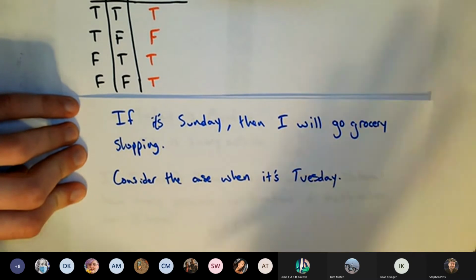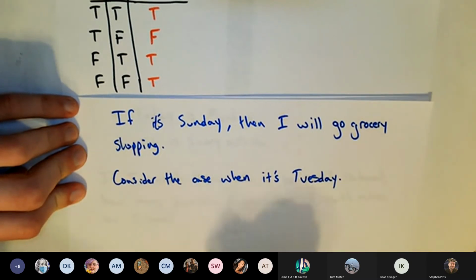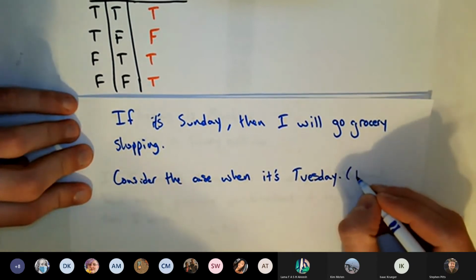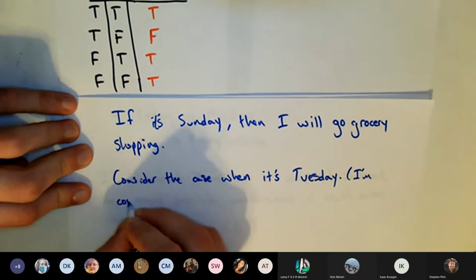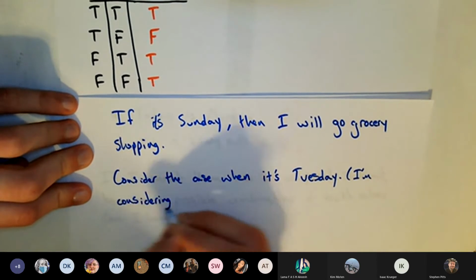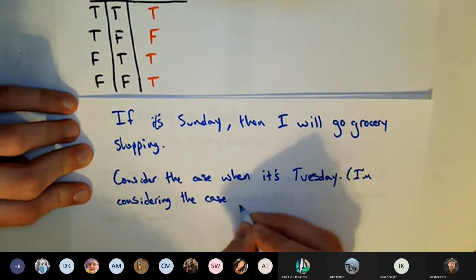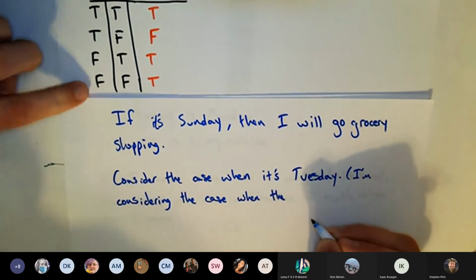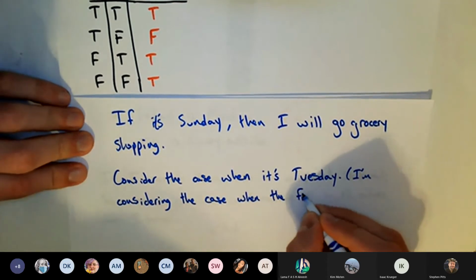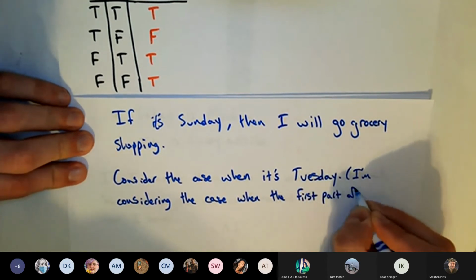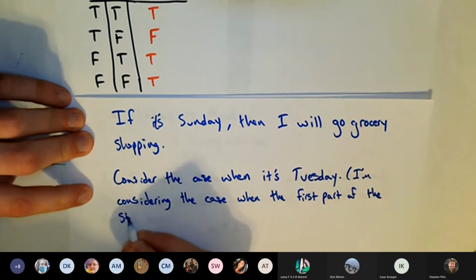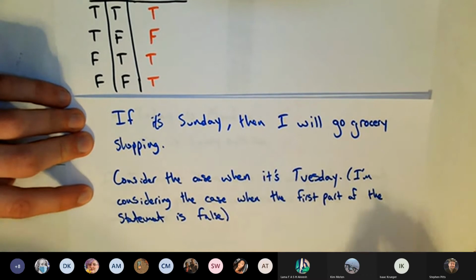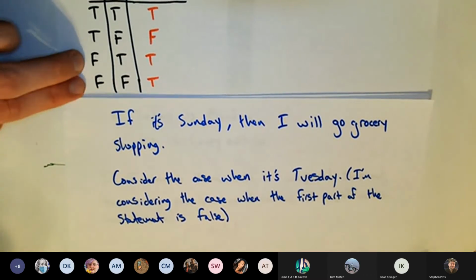In other words, I'm looking at the case when the first part is false, because in both of these rows, the first part is false. Okay, so this is corresponding to the last two rows here.